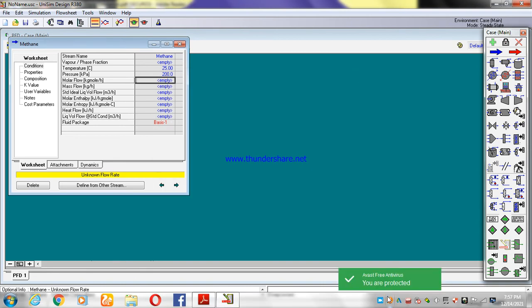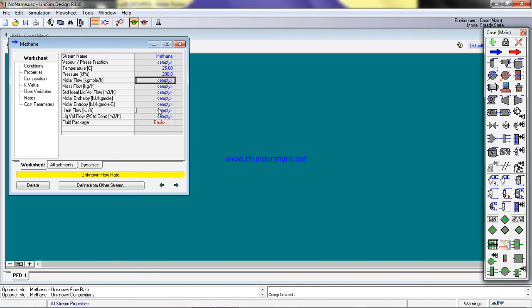Let's ignore that. Then for the flow rate, we just take a base of 100. You can always change this flow rate to see how your system behaves. So that is the stream that will have methane.